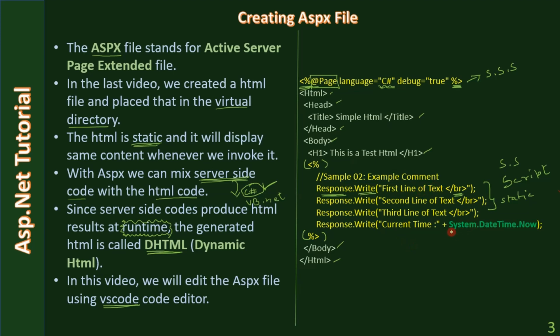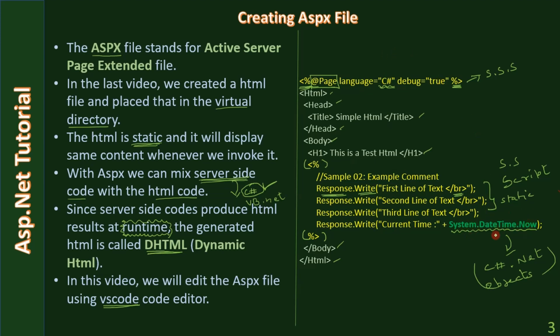And the dynamic content is here. We are using the System namespace, DateTime.Now. Since it's the C# language, we can freely use any C# object, any framework object. Using directives, you can include collections, whatever you want.